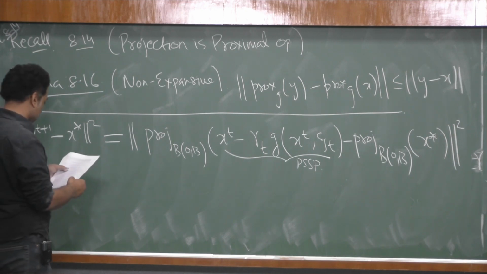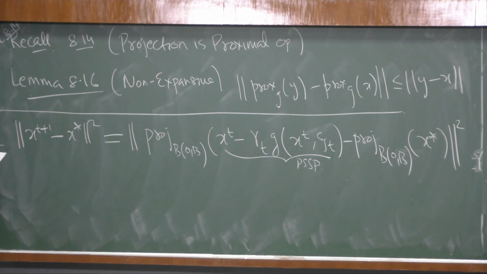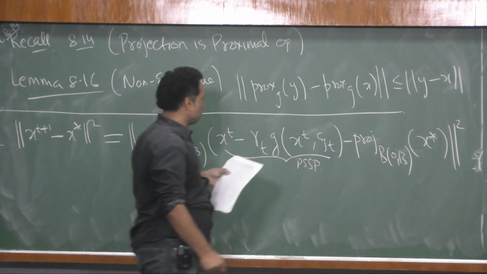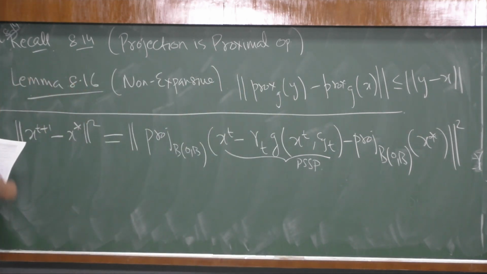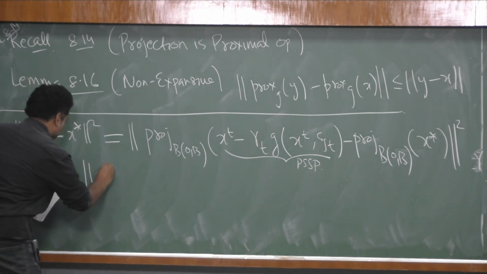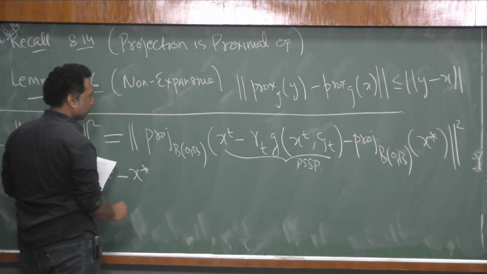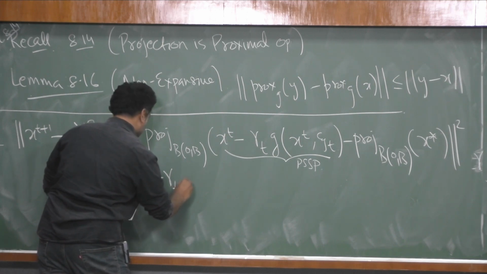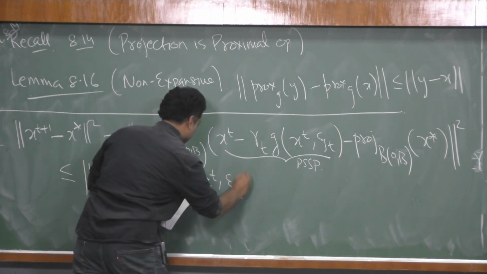So then let's see what happens further. This is less than or equal to, now this projection was the x star itself, so that doesn't change. So this will be less than or equal to the norm of x t minus x star, yeah, x star for sure, and then this is minus gamma t g of x t, xi t.